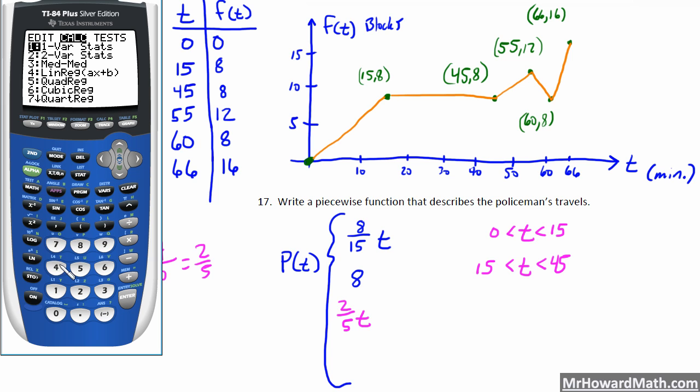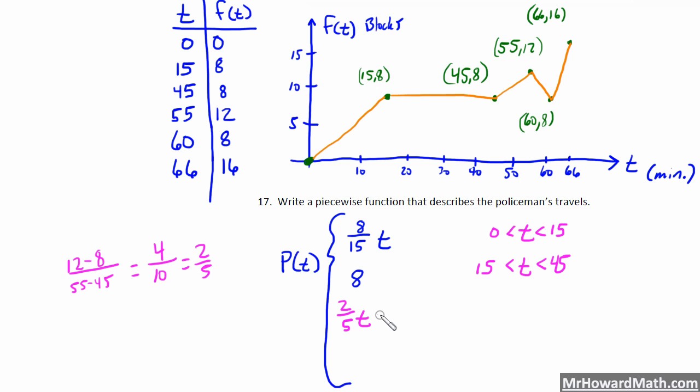Then stat, calc, option 4, enter, enter, enter, enter. And that's 0.4, which is the same thing as 2/5, and then the y-intercept was what we needed, and that's minus 10. Okay, I was doing those in other colors, but I messed that up. So 2/5 t minus 10, that was good for a domain of 45 to 55, so less than 55, greater than 45 here.